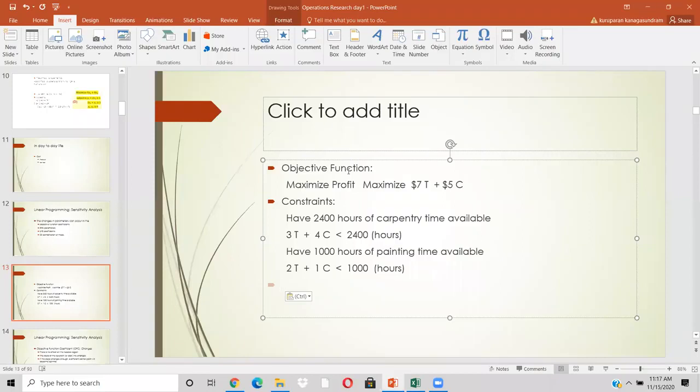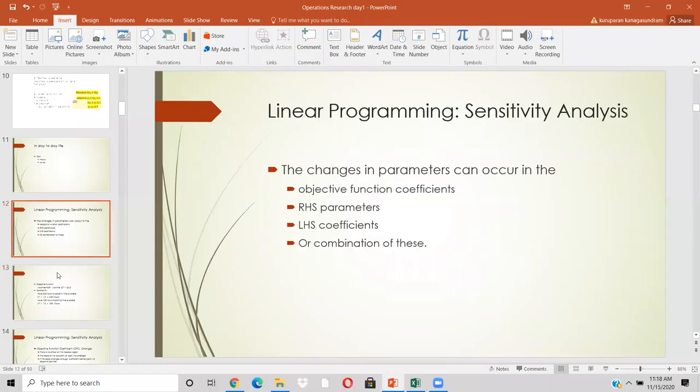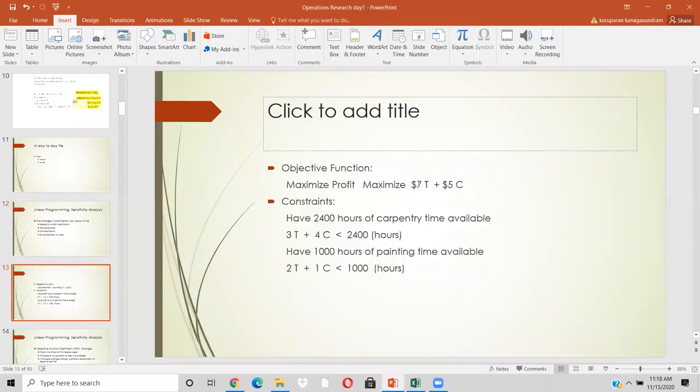For a table we have a profit of $7, and for a chair we can change the objective function parameters, which means instead of 7 I can put 9. This is how we are changing the parameters, and we have to see whether this will affect our solution or not.